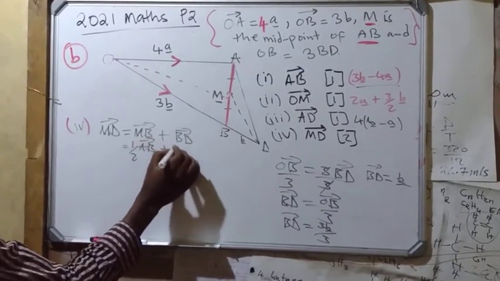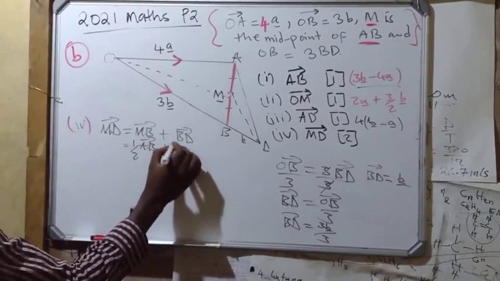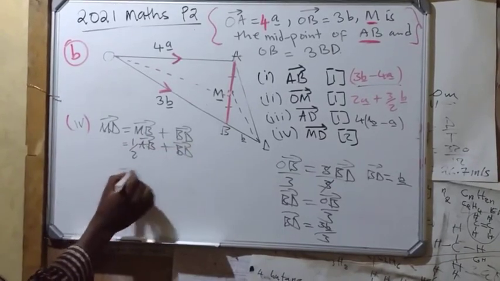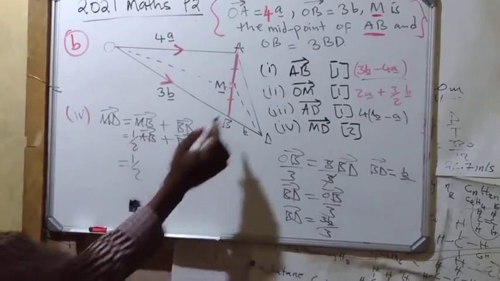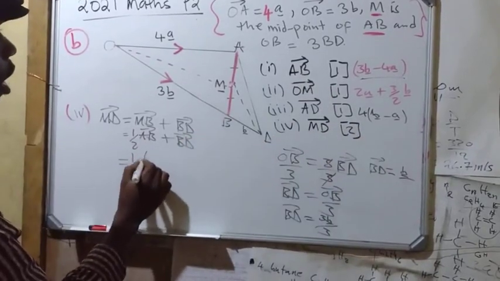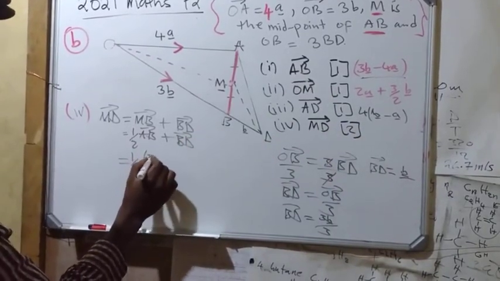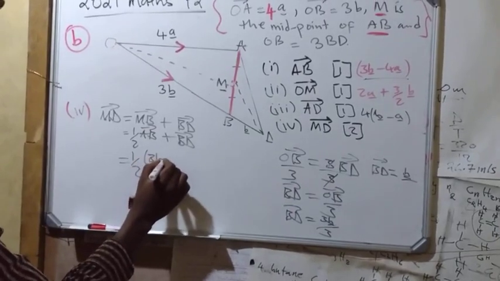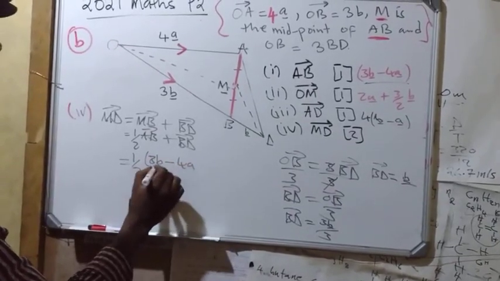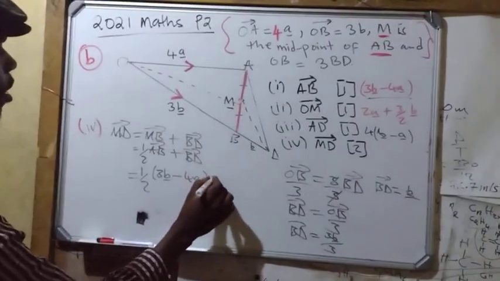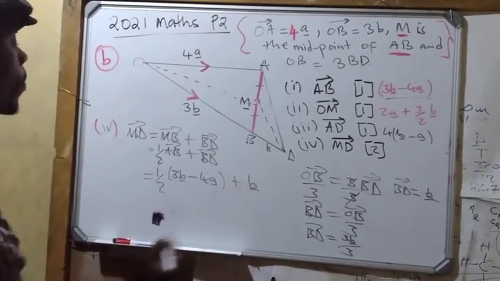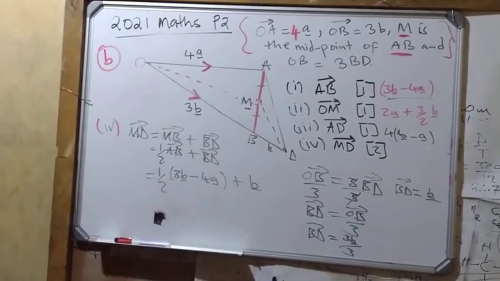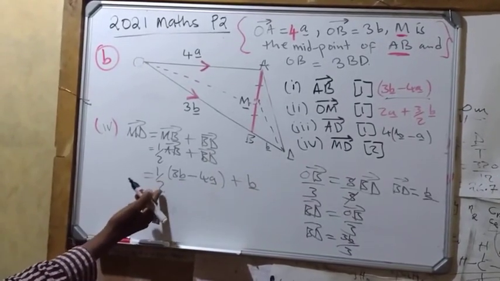Then plus BD. So half, then AB we are told that it is 3b minus 4a. These are vectors. Then plus BD, which is just b.